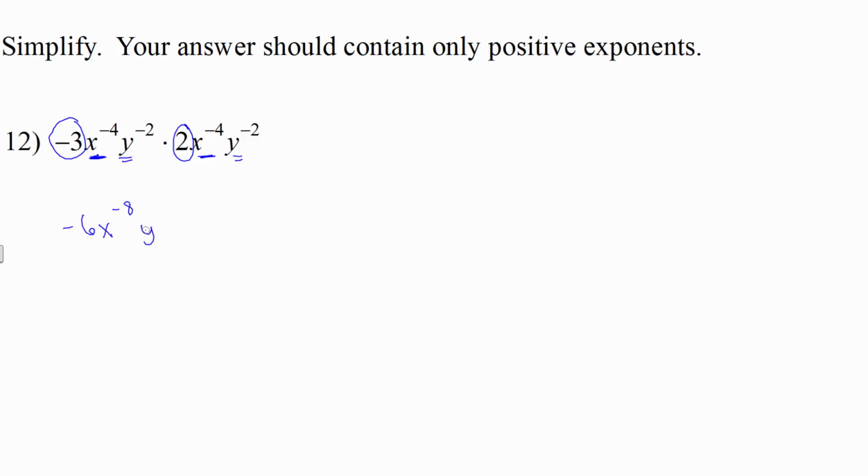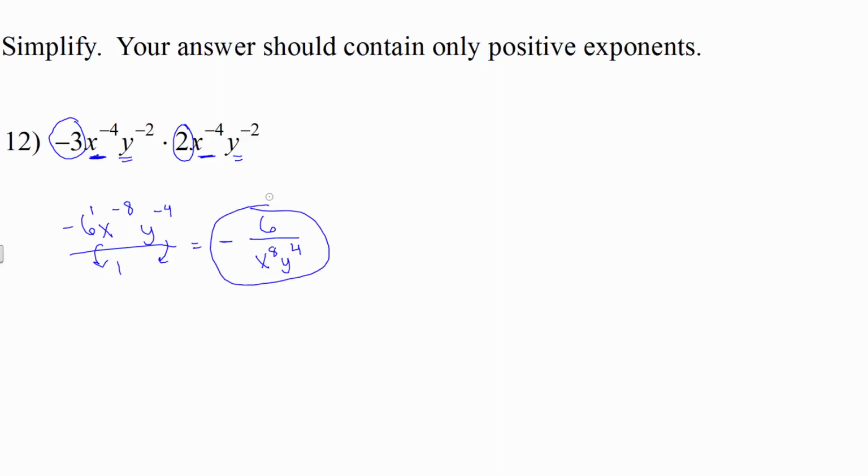But if we just add them and get -4 and then we move them down to the bottom, that's fine too. So either way, our answer overall is negative with a 6 on top, because the -6, its exponent is positive, so it doesn't need to move. We just normally put the negative in front of the whole fraction instead of leaving it on top. So this is -6 over x to the 8th, y to the 4th.